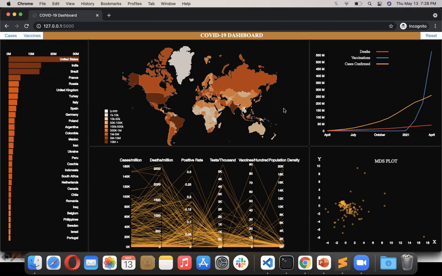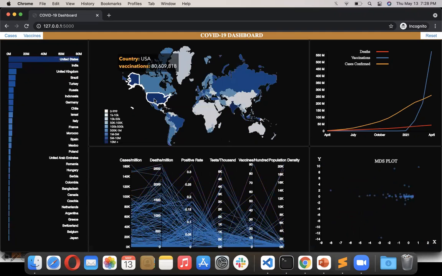In the choropleth map, we have each country's data, and the intensity of the color indicates the number of either the cases or the vaccinations. This is the tooltip that we have for the choropleth map. When I navigate to vaccines and hover over a country, we can see the number of vaccinations that have taken place. Since the USA, in this case, has 80 million vaccinations, we are showing that information over here and also in the bar graph.